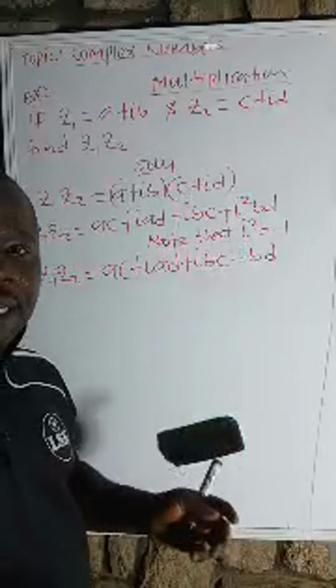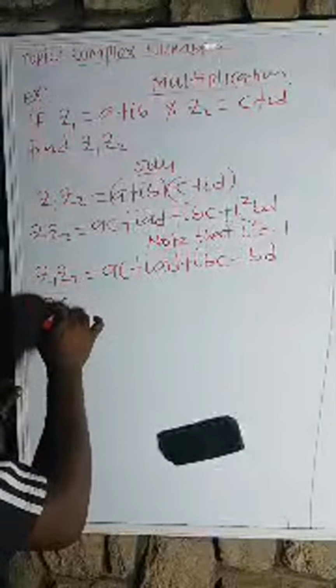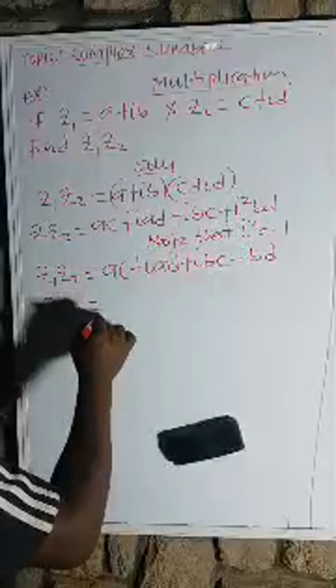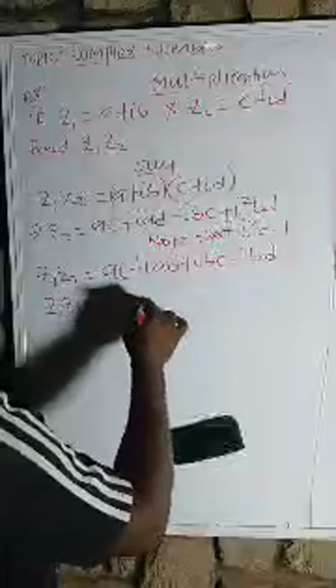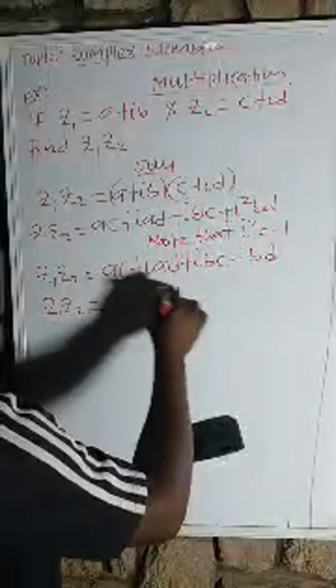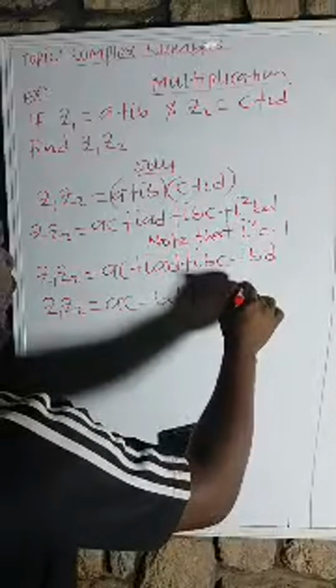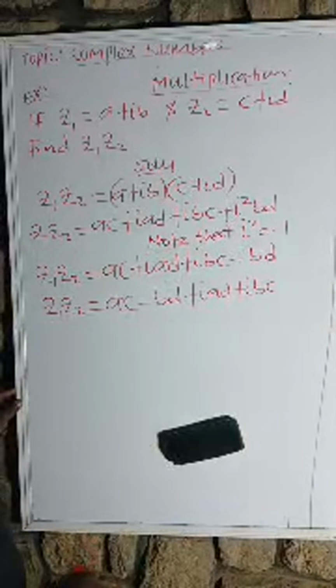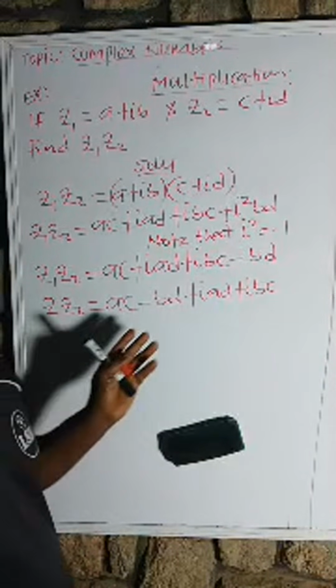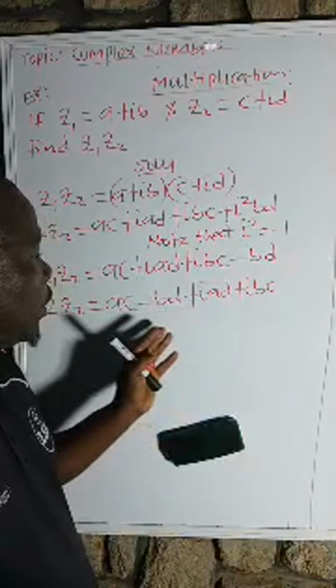So we collect like terms. Is that clear? Hope you are following. So our z1 times z2 is equal to AC minus bd, then plus iad plus ibc. This is the answer.